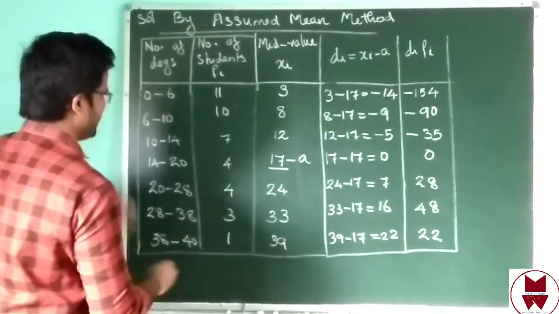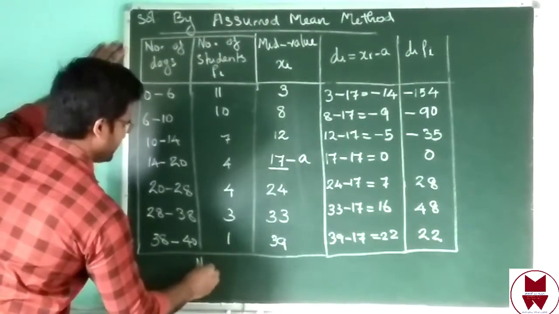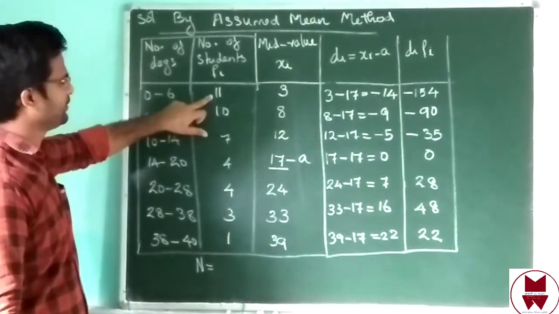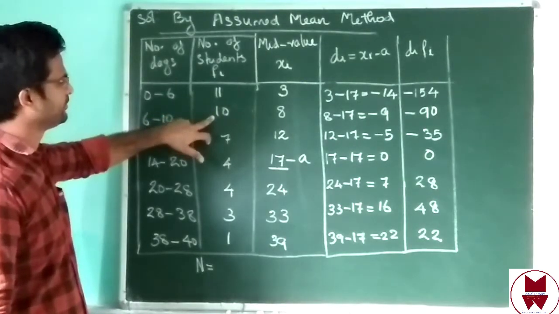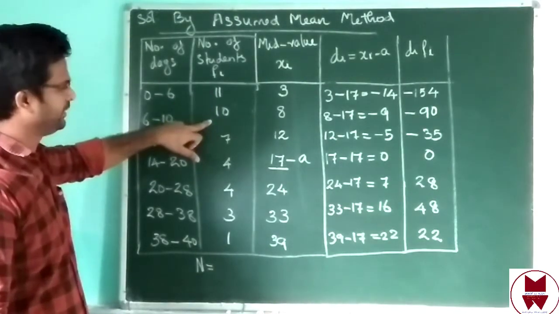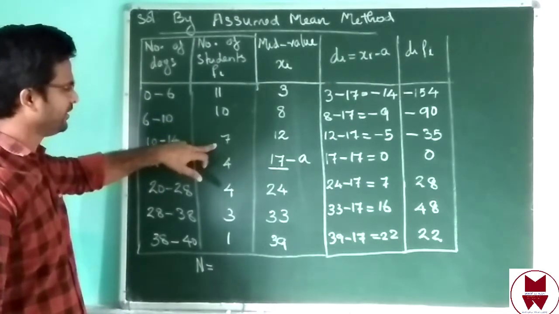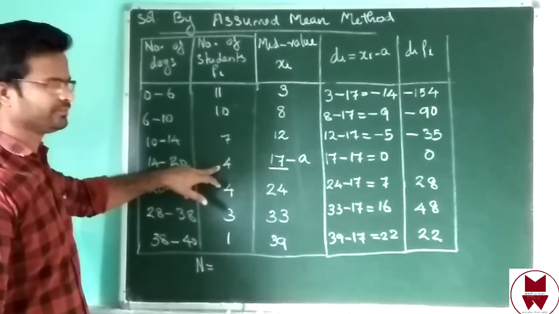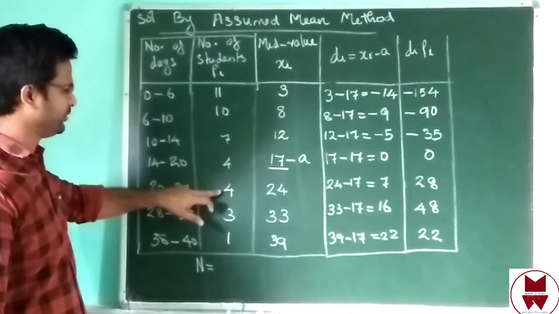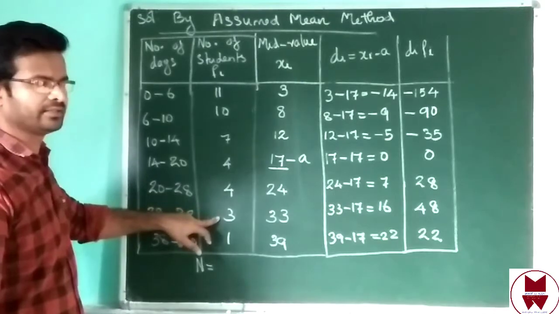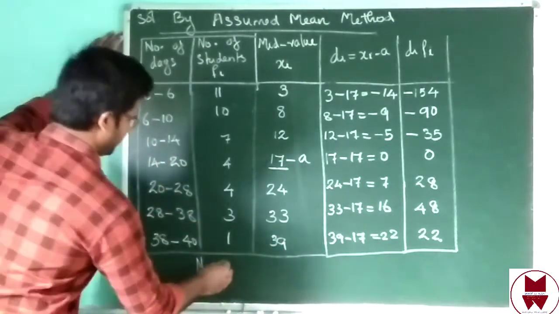Then we can find out n. N means sum of frequency. 11 plus 10, how much? 21. Then plus 7, 28. 28 plus 4, 32. 32 plus 4, 36. 36 plus 3, 39, plus 1, 40.